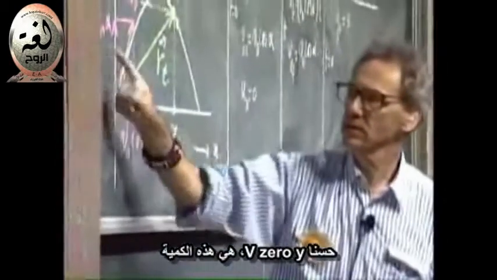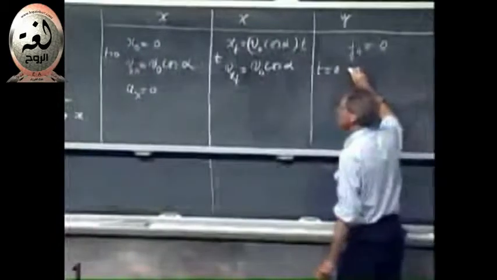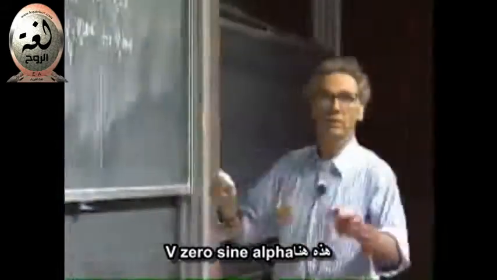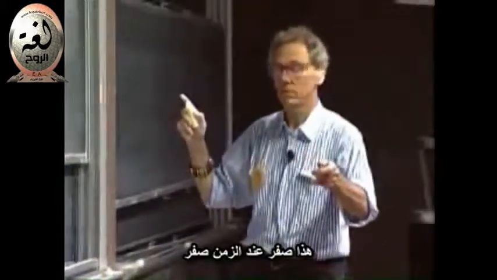I get v0y times t. Well, v0y is this quantity, it's v0 sine alpha. That is the velocity at time 0, and this is 0 at time 0.